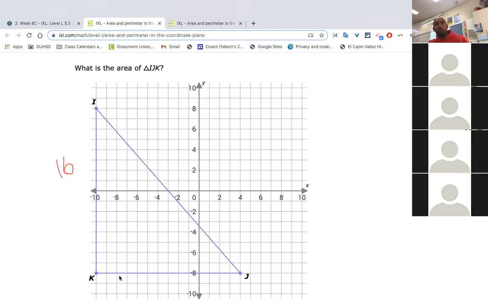And then across the bottom, 1, 2, 3, 4, 1, 2, 3, 4, it's 8, 10, 14 down here. Okay, so basically we're going to multiply 16 times 14 and then divide by 2.